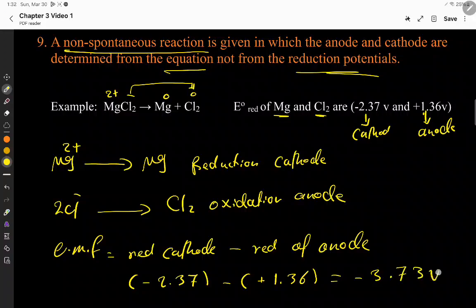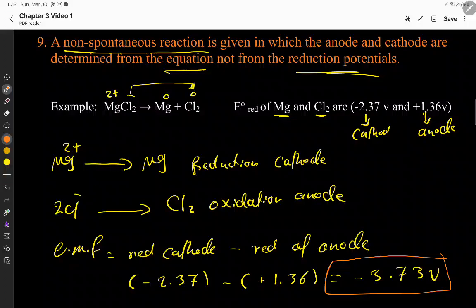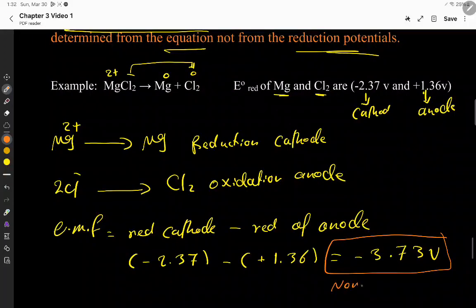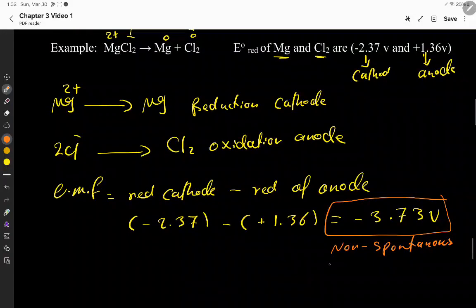3.73 volt. Now from this value we determine that the reaction is non-spontaneous. It consumes electricity.